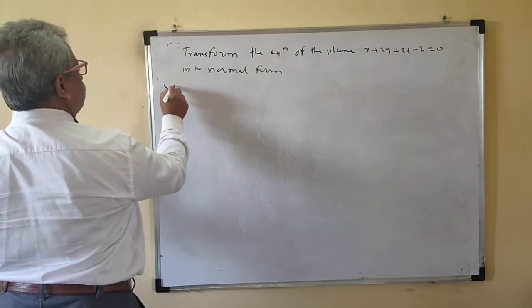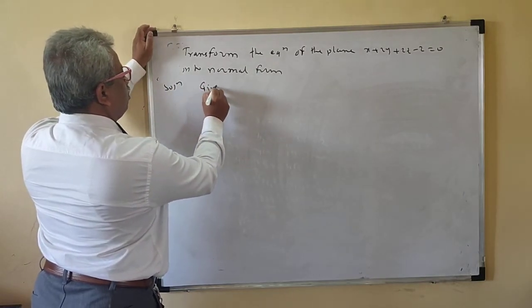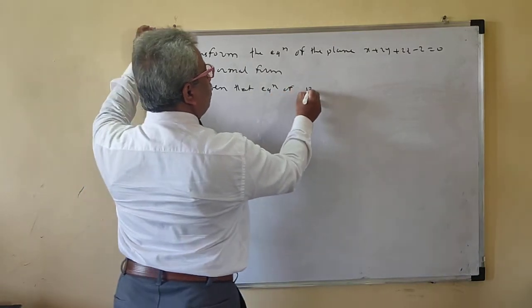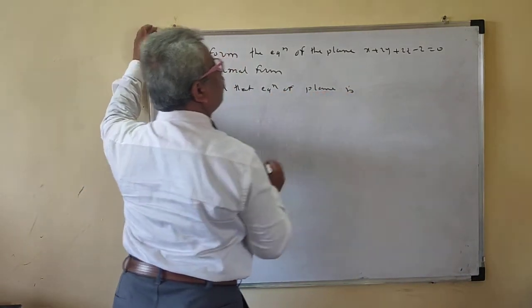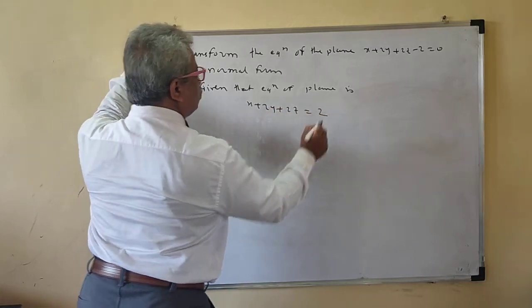Okay, solution. Given that the equation of the plane is x plus twice y plus twice z, I'll write this is 2.